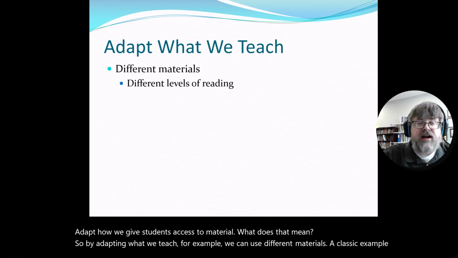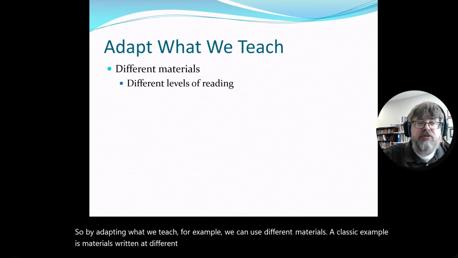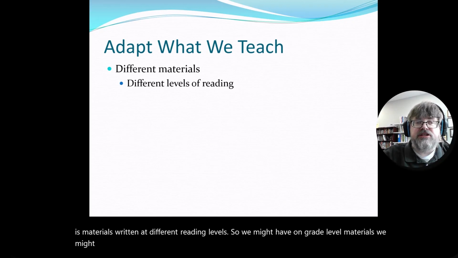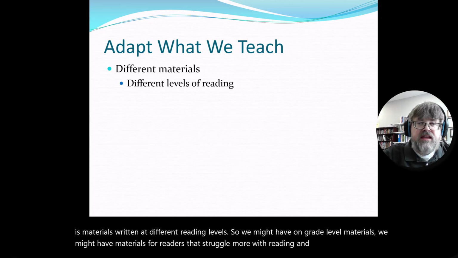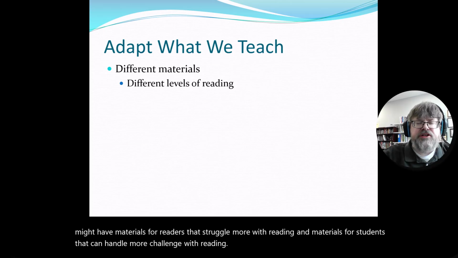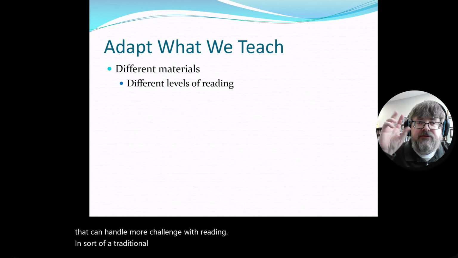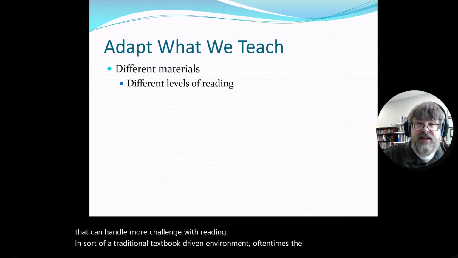So we might have on grade level materials. We might have materials for readers that struggle more with reading and materials for students that can handle more challenge with reading. In a traditional textbook driven environment, oftentimes the grade level, quote unquote, textbook really isn't written at grade level, it's written several years above.